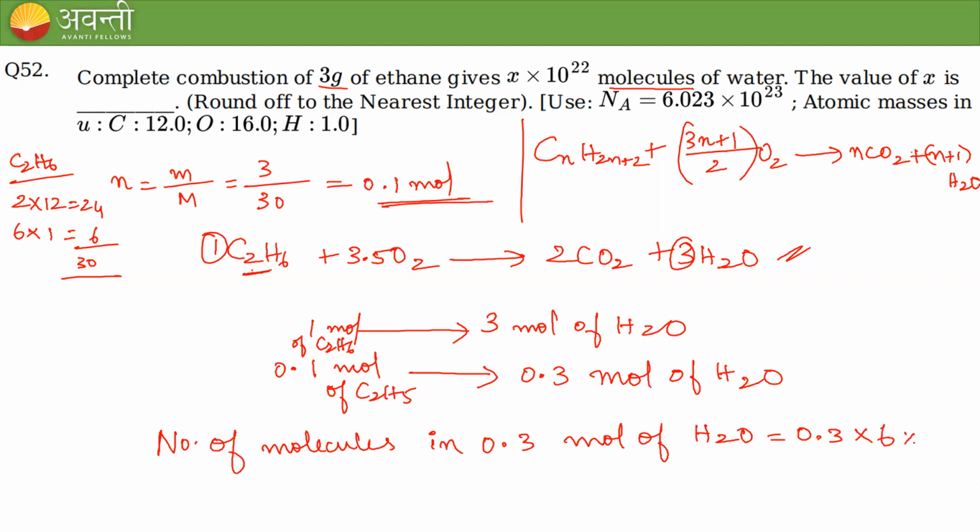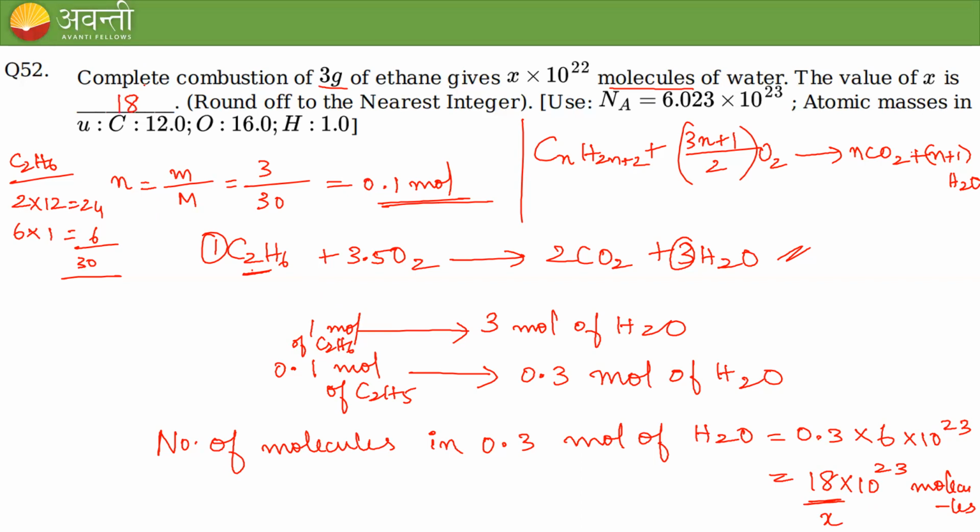Let me take it as 6 into 10 to the power 23. So which is 18 into 10 to the power 23 molecules. Okay. So what is the x value? It is 18. The value of x is 18 here.